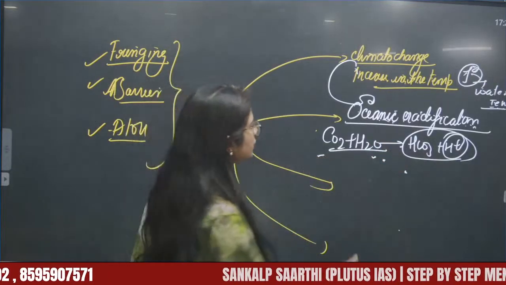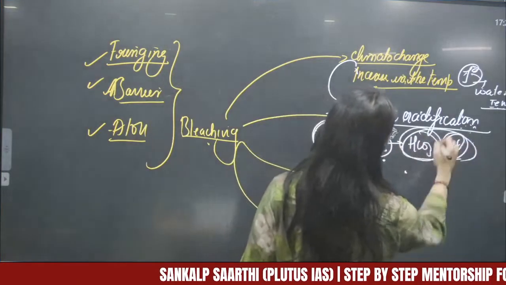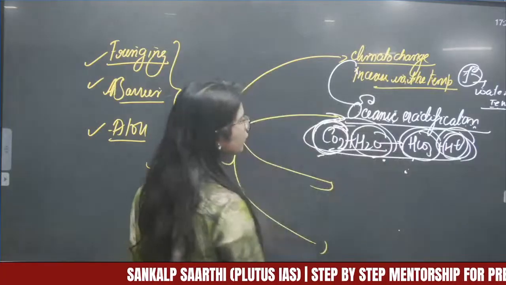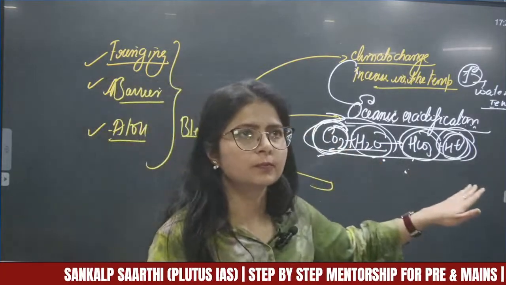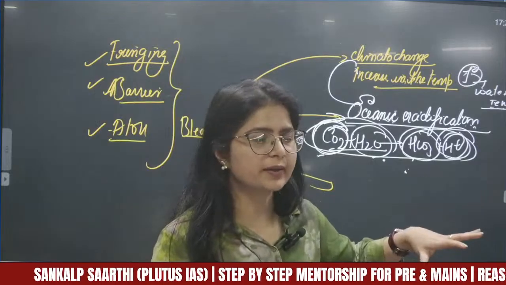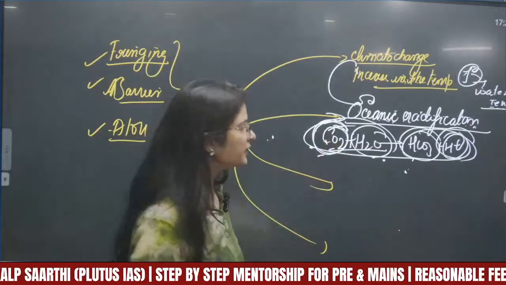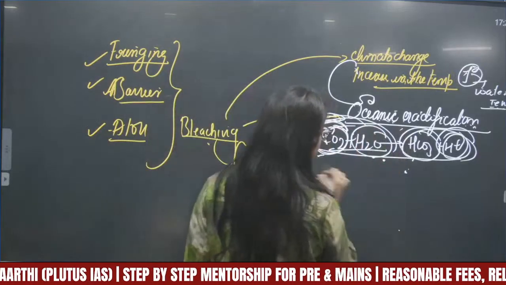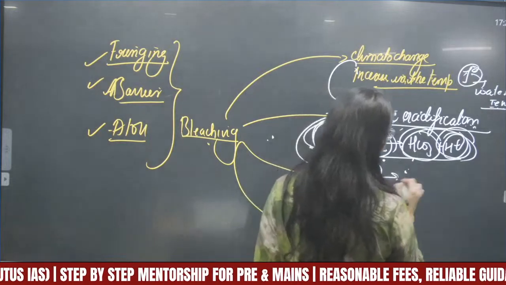Why? Because they would consume a lot of what they will consume, the nutrients which are required. So all of this will not be done. And when the acidification is increasing, it is also problematic for the corals, since corals need what?